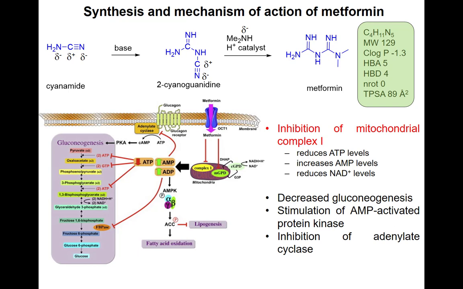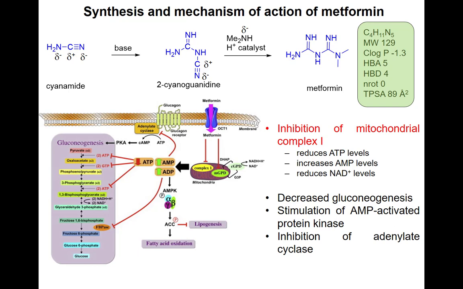And once it's there, the main action of metformin is within the mitochondria, which is the organelle in the cell where metabolism takes place. Basically, you can say that metformin is affecting the energy and metabolism in the cell, and by doing that, it then has a positive effect in the treatment of diabetes.